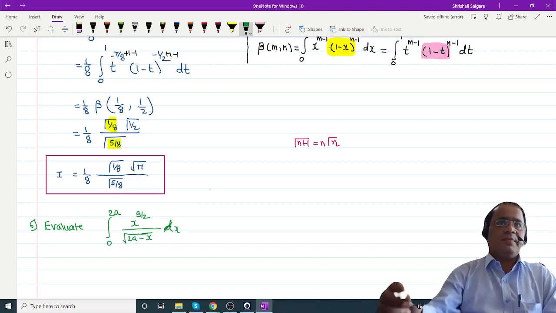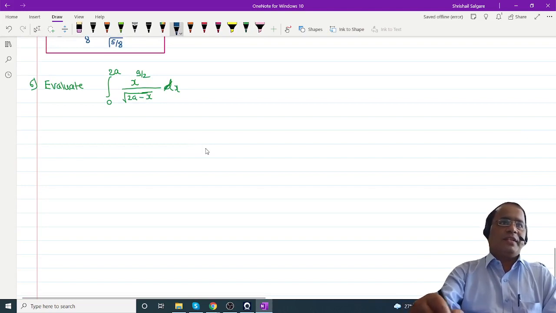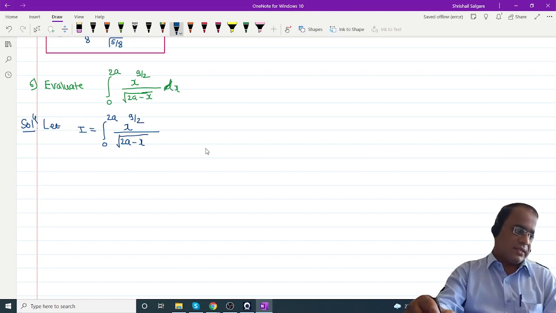Okay, first step I will call that integral I. Now I will give sufficient time from your end, try to complete it. So let I be equal to the integral from 0 to 2a of x raised to 9 by 2 divided by square root of 2a minus x. Just I will verify it is x or x square, it's fine.